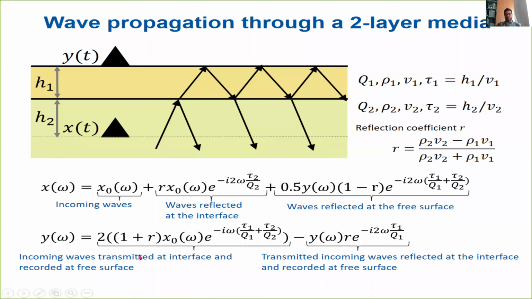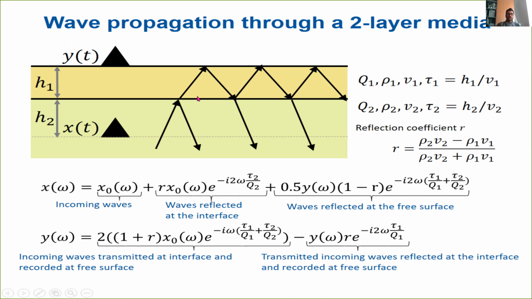What is recorded at the surface? At the surface, I will have the input shaking that is transmitted here, this term, that then reaches the surface, and therefore it's multiplied by a factor 2, and how much time it takes for this wave that was here to reach the surface? It will take the time tau1 to propagate in the first layer, plus the time tau2 to propagate in the second layer.